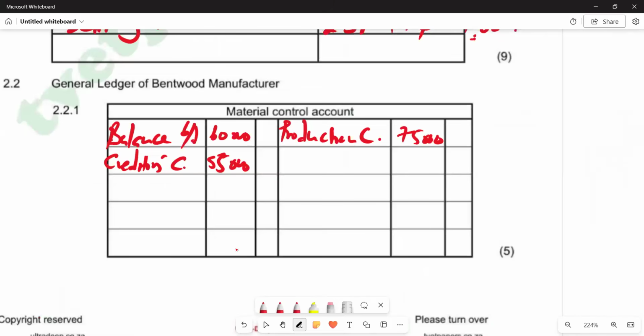Here we are saying it goes to manufacturing overheads. Remember, this is indirect, manufacturing overheads, and the amount that we have is 8,000. So with that, we have exhausted all the transactions that we are supposed to post to the material control. Then we can balance, and we can try to put in your double lines.